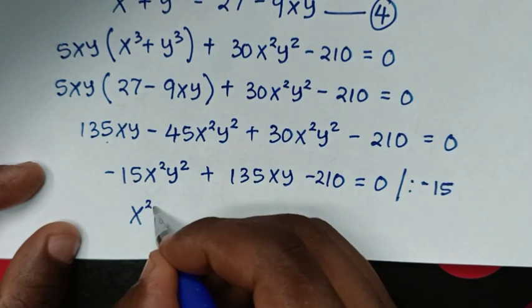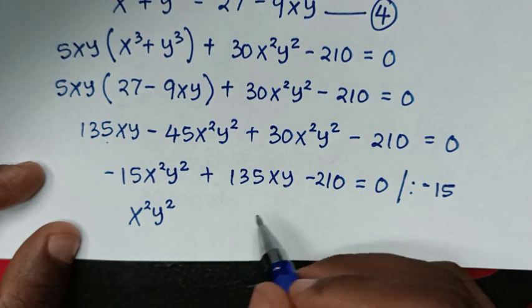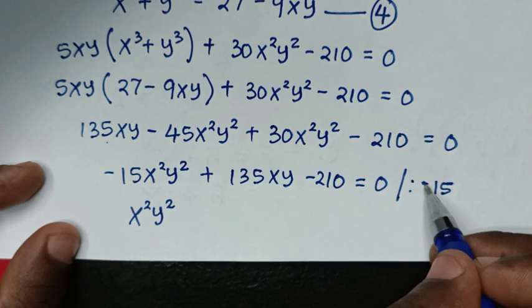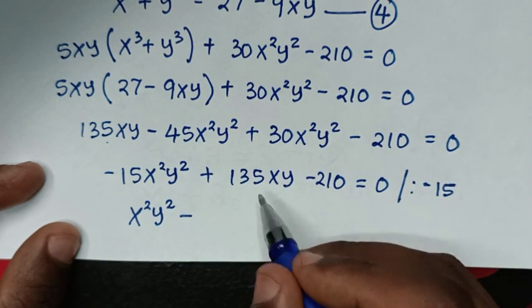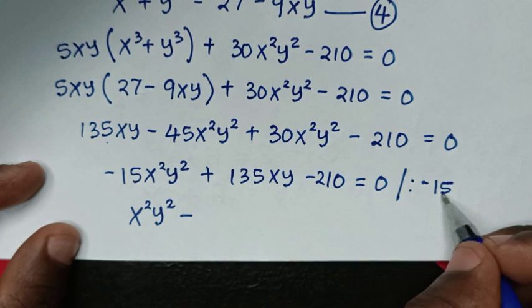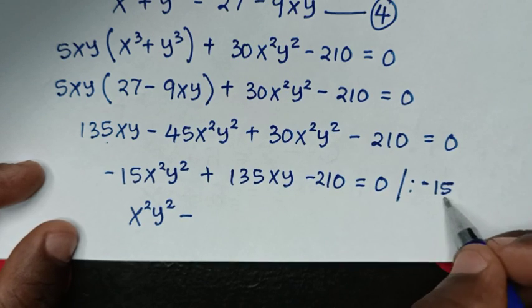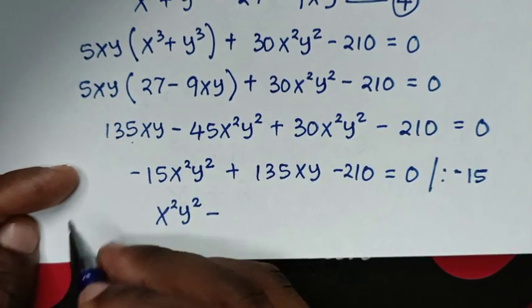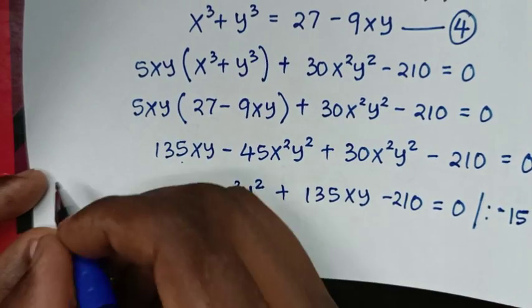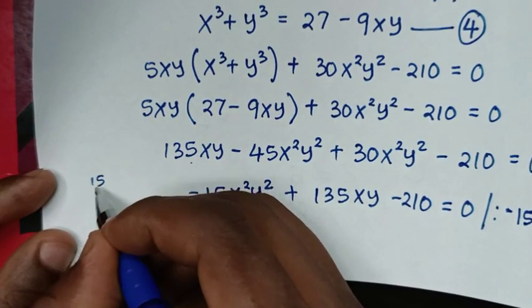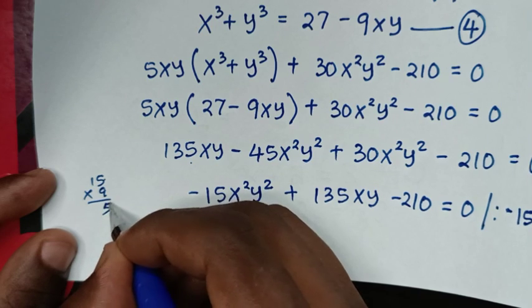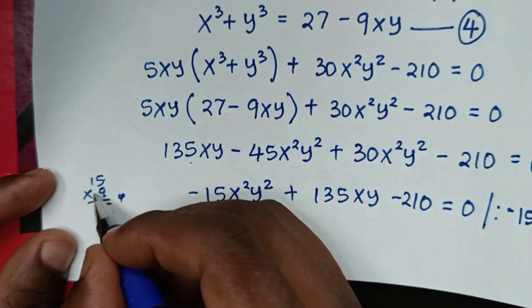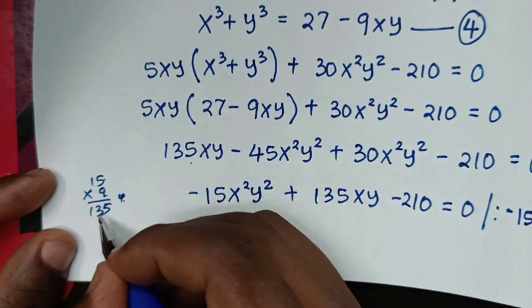Then negative 135 divided by 15 is 9. Let's multiply 15 times 9: 5 times 9 is 45, carry 4; 1 times 9 is 9 plus 4 is 13.